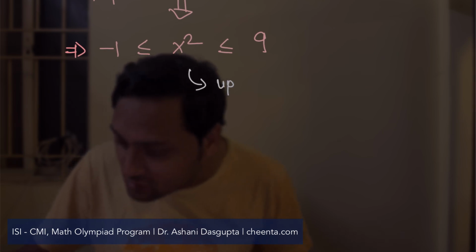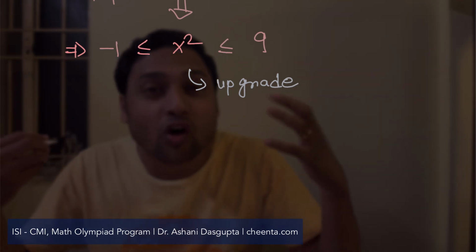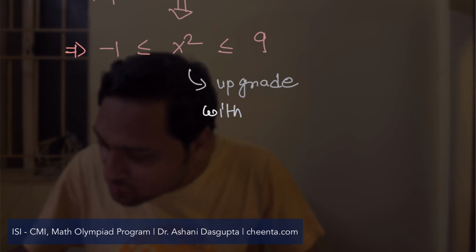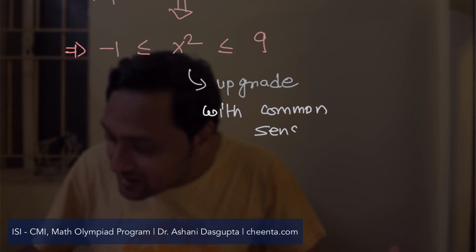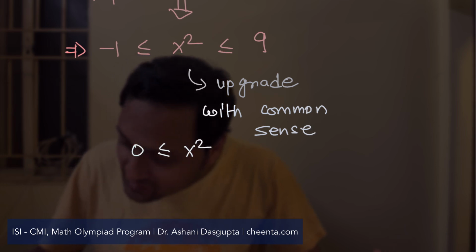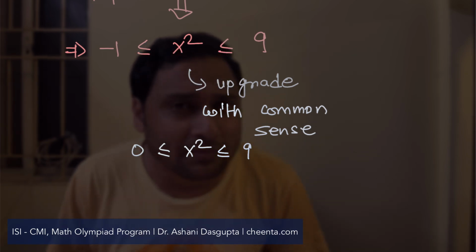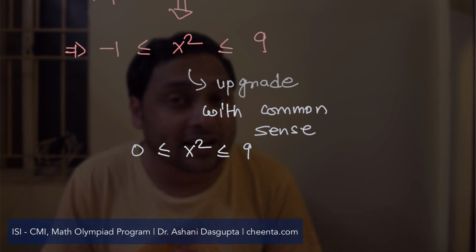I use this all the time in class. I call it upgrading the inequality with common sense. Definitely this means 0 is less than or equal to x squared, which is less than or equal to 9, because x squared is definitely more than minus 1. So the range of x squared is between 0 and 9.